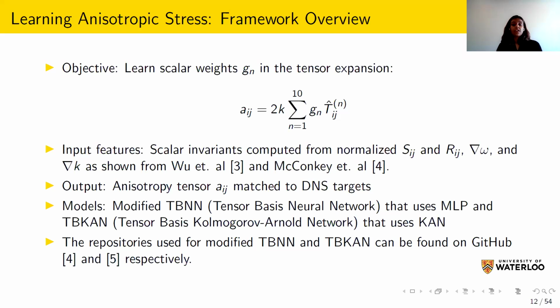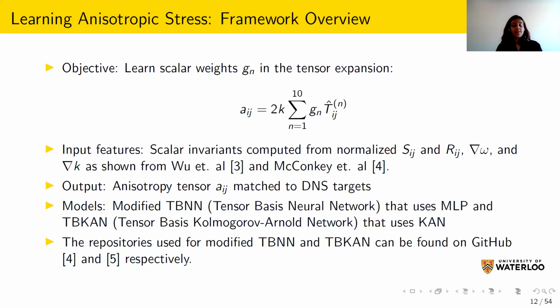Sij and Rij have been used in the past, but they only give you 5 input features, which are pretty sparse, especially in a 2D flow where they come down to 2. But in our input domain, we're also using input features that are derived from the specific dissipation rate and the turbulent kinetic energy. The output is the anisotropy tensor, Aij, which is matched to the DNS results.